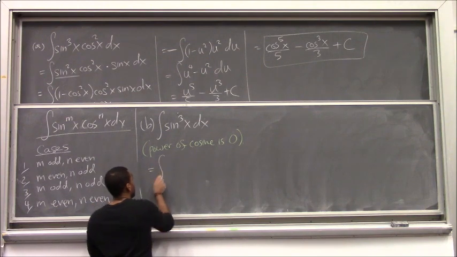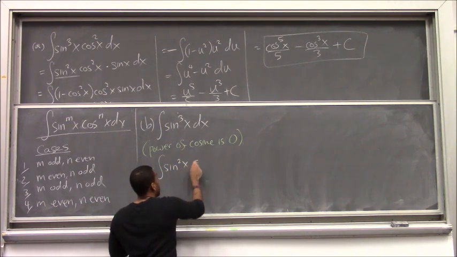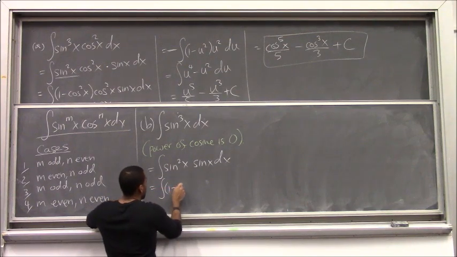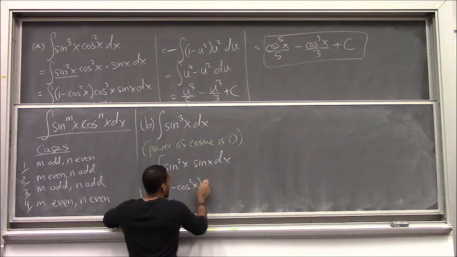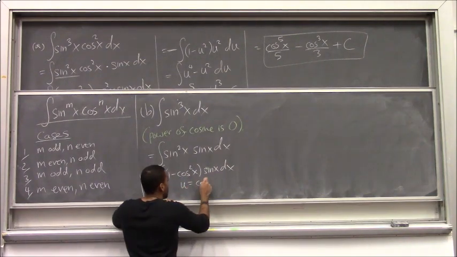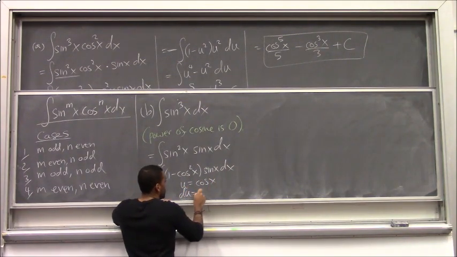So you see that? We're going to do the same strategy. I'm going to save a factor of the sine. Change all of the sines to cosines. Then do a substitution for the cosine. The du is going to be the minus sine.